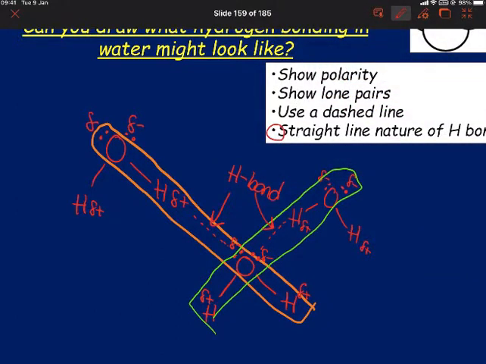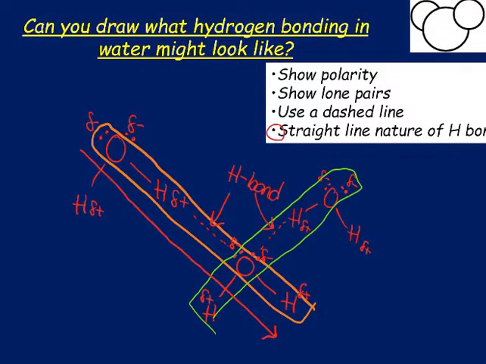So you have to show your dipoles, you have to show your lone pairs, you use a dashed line for your hydrogen bond, and you show the hydrogen bond as being a straight line from the lone pair of one all the way through to the hydrogen, to the lone pair of the next, all the way through to the hydrogen. Okay, so pause that if you need to.